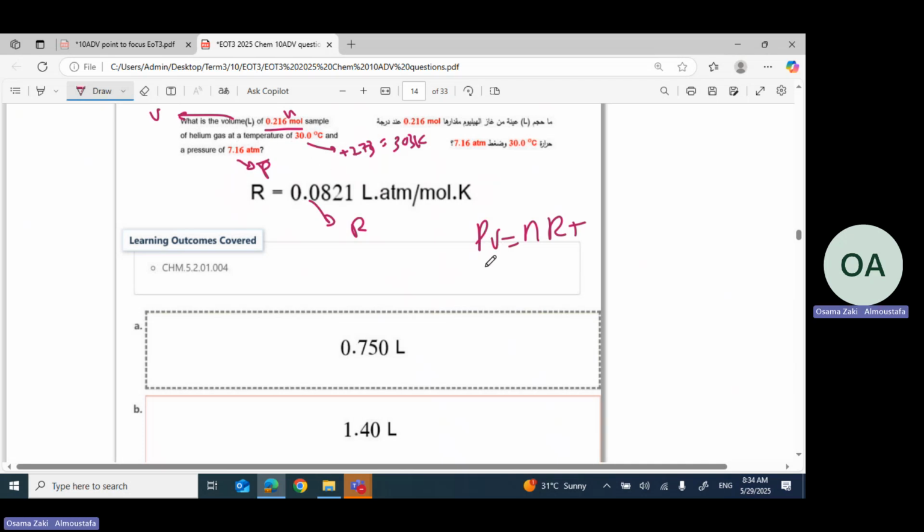This P is 7.16 times volume. Volume is not given. Number of moles is 0.216. R, this is R, 0.0821 times T is 303. Then you can use the calculator.